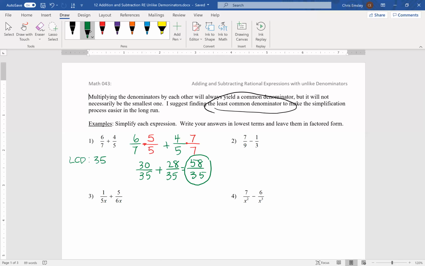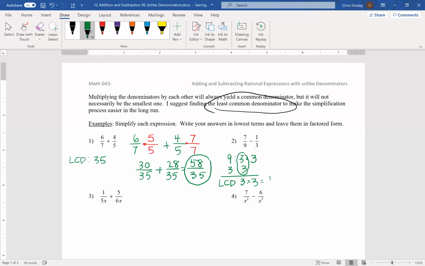Next example, number 2. This time we have two denominators, 9, which is made up of 3 times 3, and 3, which is just prime. We can't break that down any further. To find our least common denominator, anything that matches on our list of factors, we just copy down once. And we have to include anything else that doesn't match.